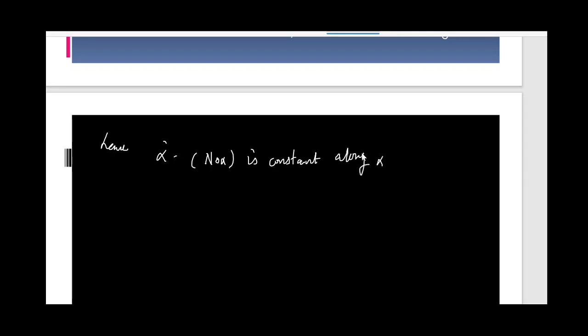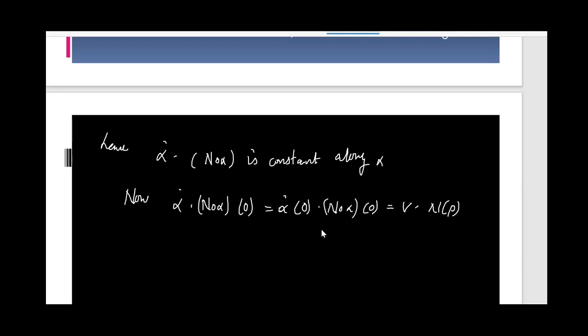Now alpha dot of 0 dot n composition alpha of 0 is equal to v dot n of p.